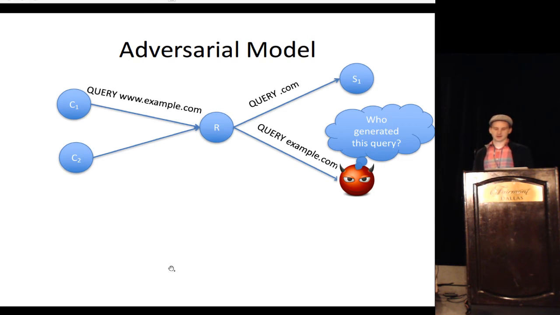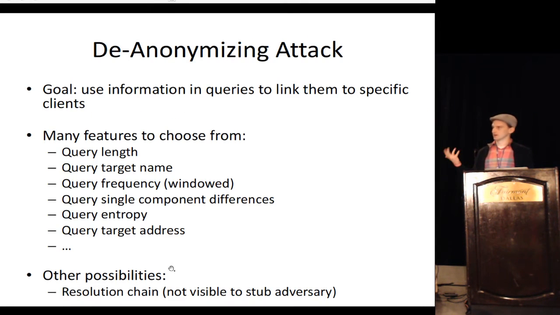So the goal of the attack is basically as follows. As a stub server only receiving requests, you have no information about where the original request came from because it's hidden behind the recursive resolver, so your goal is to use all the information contained in the queries to link them to specific clients. And there's a lot of different features you can extract from these queries to accomplish this goal.